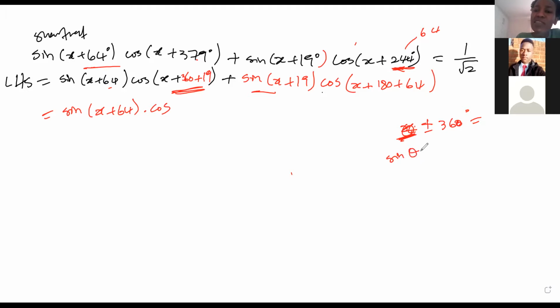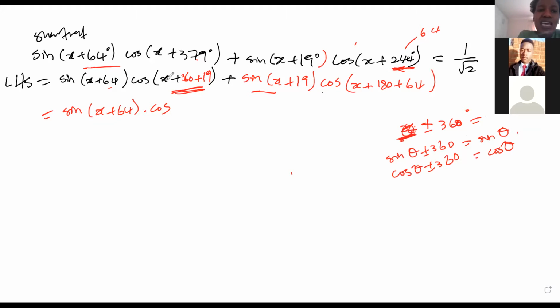So if you have sine(theta plus 360), the answer will just remain sine theta. If you've got cos(theta plus 360) or minus 360, it will remain positive. Whether you add or you minus 360, it does not change the sign of your function.